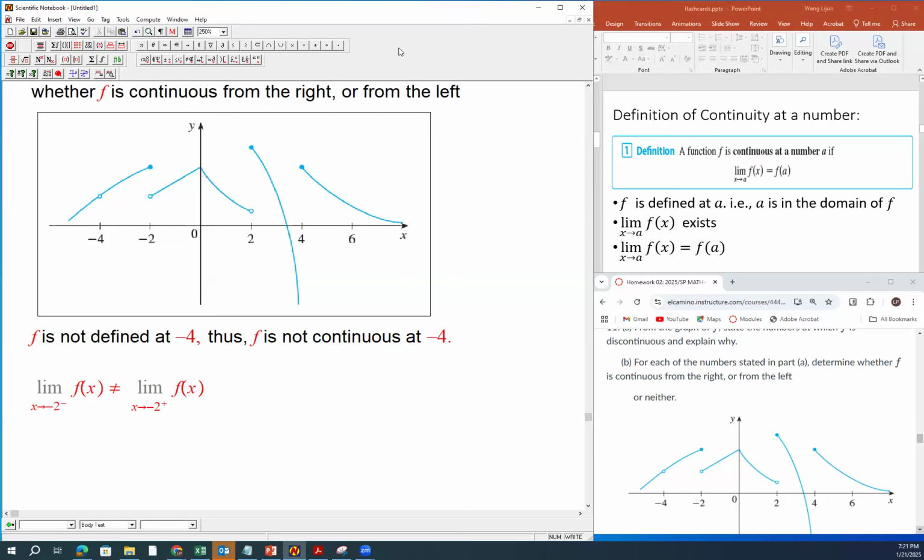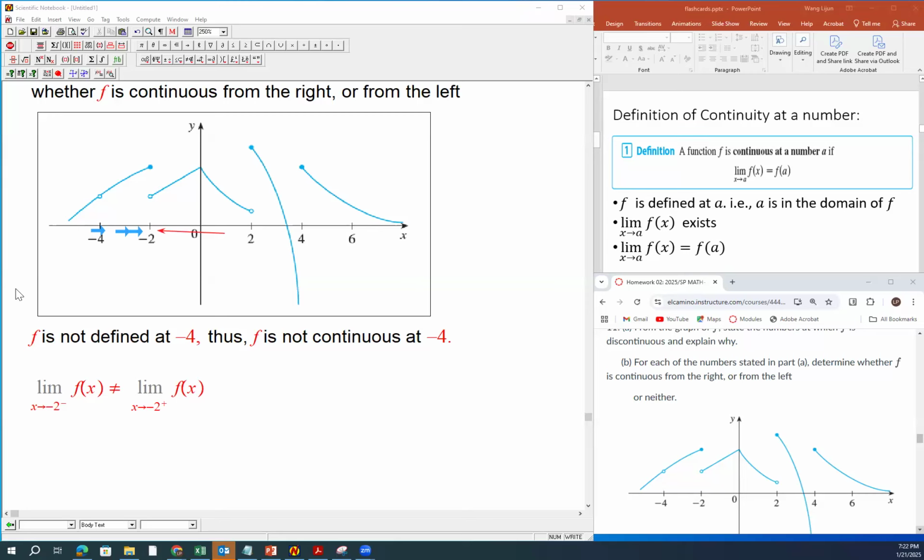So let me get the arrow. When x is approaching -2 from smaller than -2, versus x approaching -2 from larger than -2, these two limits are not the same because you can see these two dots are not the same.